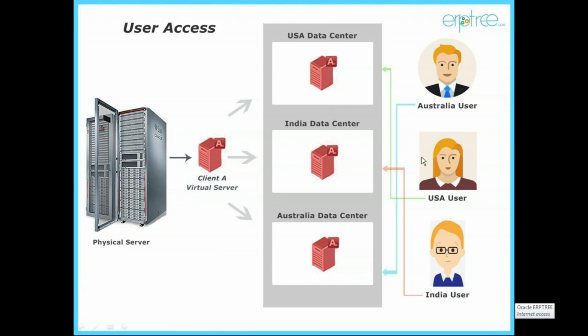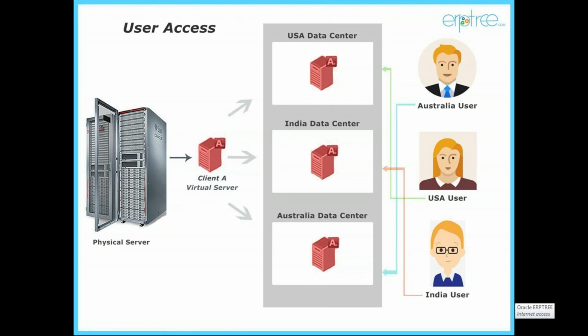So based on where the users are accessing from, the same virtual server they'll keep available in the relevant data centers: the US data center, India data center, and Australia data center. If an Australia user is trying to connect to the same server, the URL would be the same for all three. This is just through virtualization, whatever they created, they'll keep available, through the caching concept.